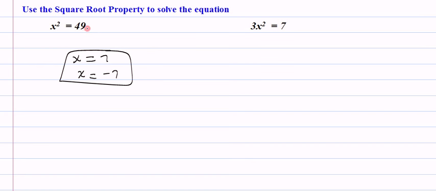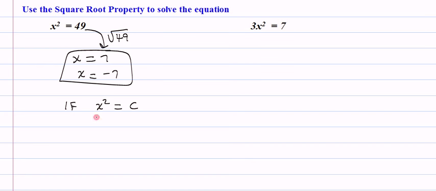Well, to look for a general way to solve equations that have x squared in them, we want to keep in mind that we came up with 7 because we knew the square root of 49 was 7. So if we have an equation that looks like this, x squared is equal to c, some number c, then the solution can be found by thinking of it as taking the square root of both sides.